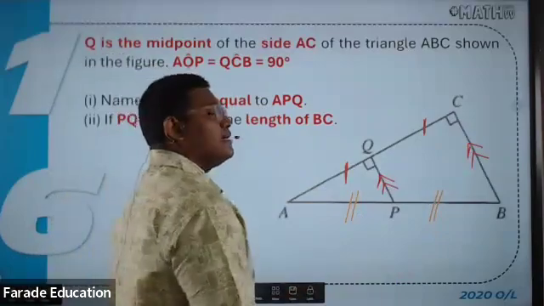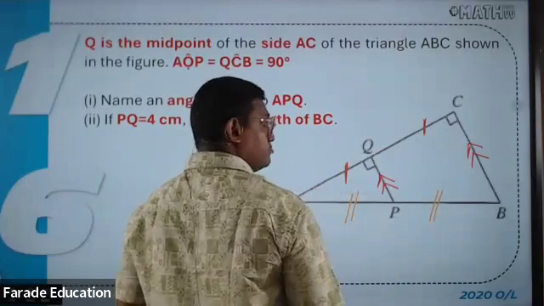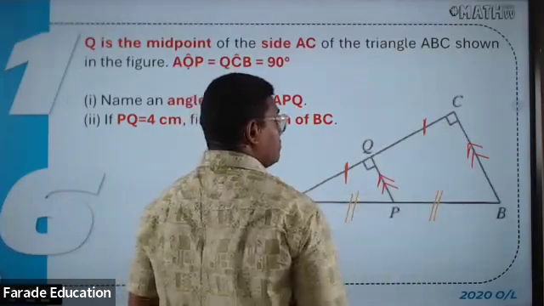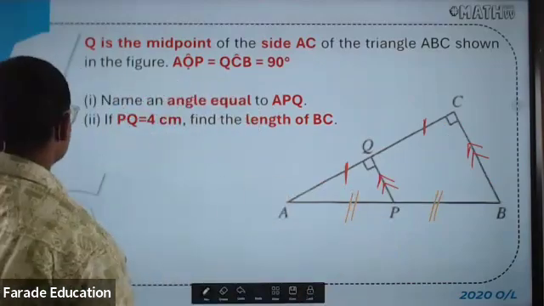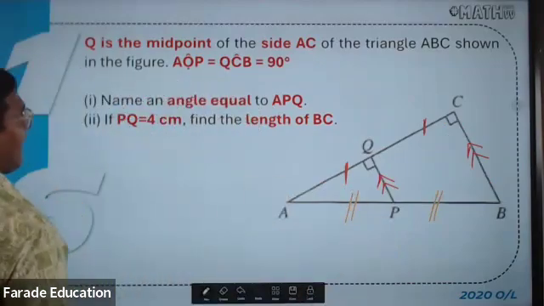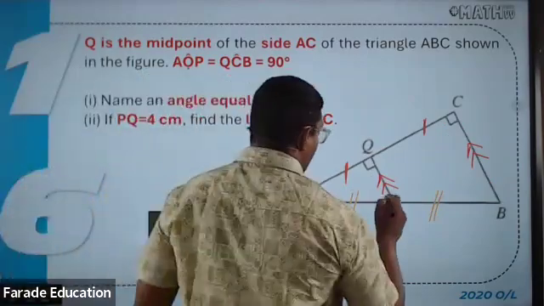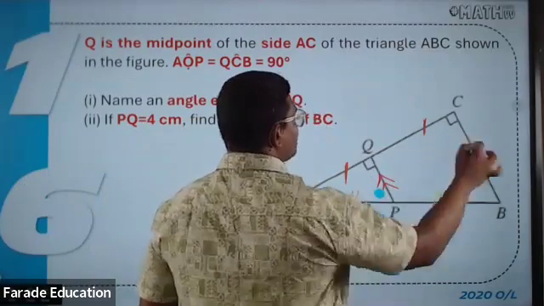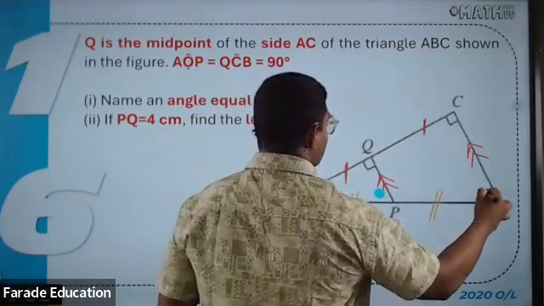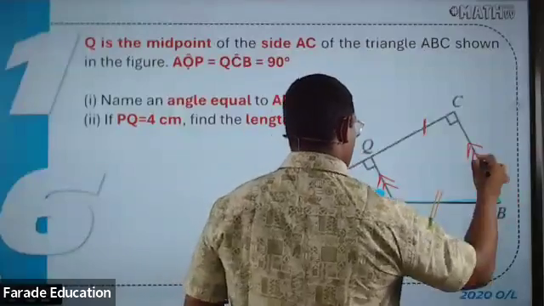The next one, the converse midpoint theorem. Q is the midpoint, and these two are parallel. That means it bisects the third side. P is the midpoint. Those two are equal. Name an angle equal to APQ. If these two are parallel, then that is equal to this. You have an F here, corresponding.